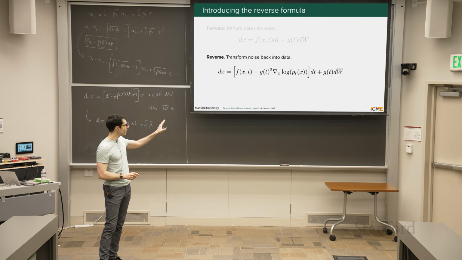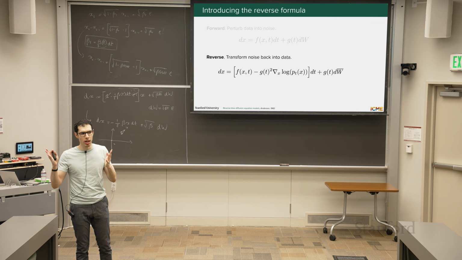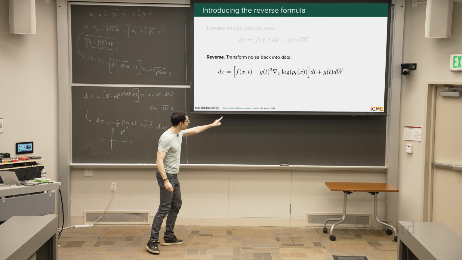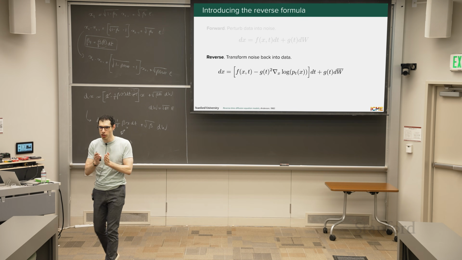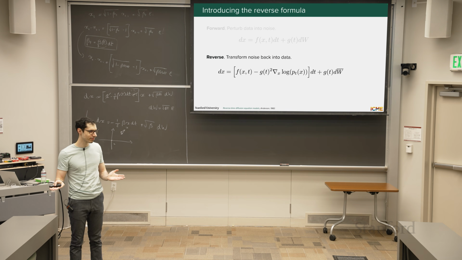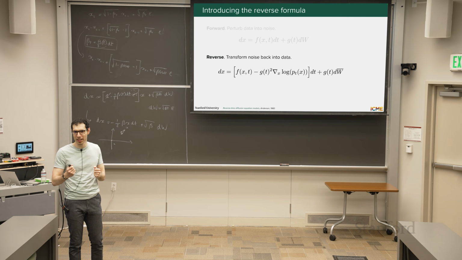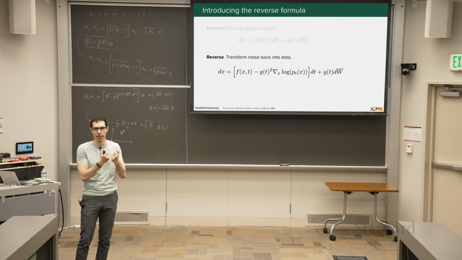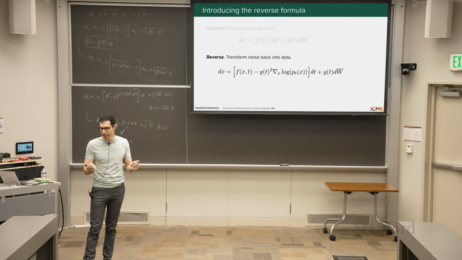The reason why the score is popping up here is due to some derivations that we're not going to go through, but this is a result that comes from a paper from 1982, a result from the SDE world that we're just leveraging here. That is one of the reasons why we care about the continuous formulation: we want to be able to leverage results around these SDEs, and this is one of them.